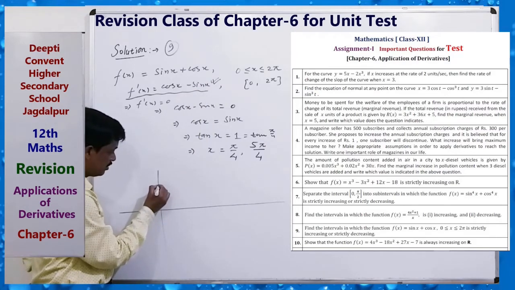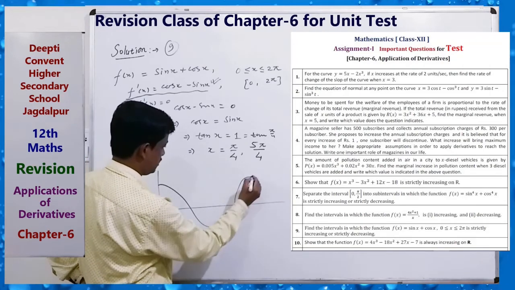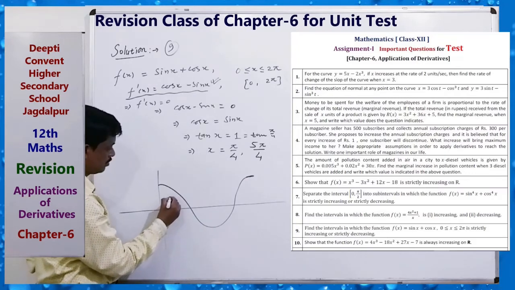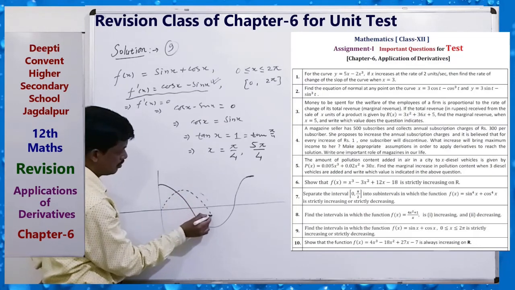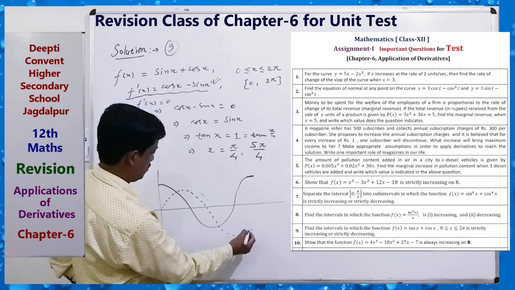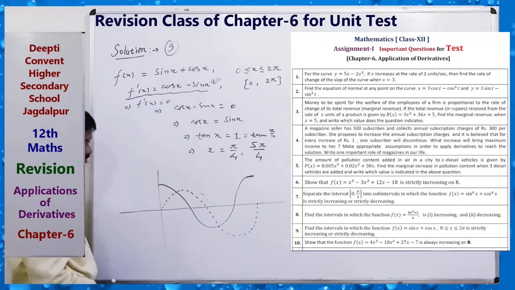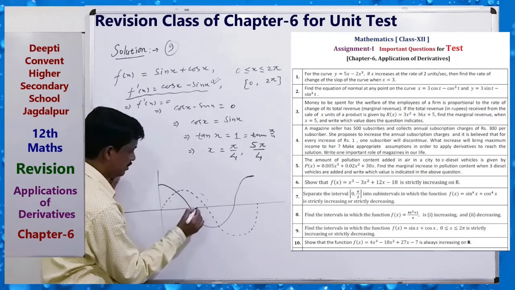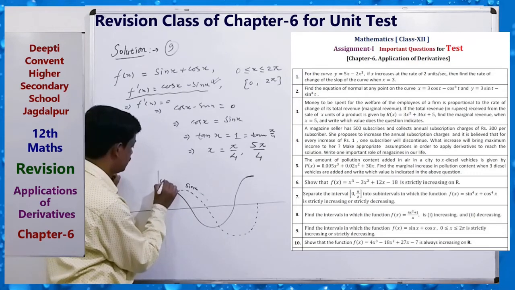So we know this is the graph of the cos function, and this is the graph of the sine function.